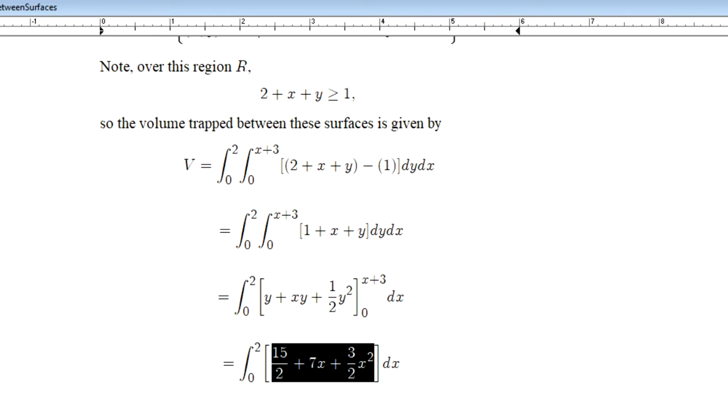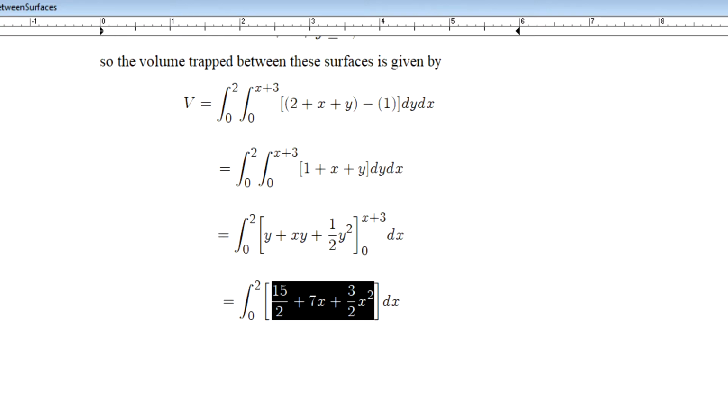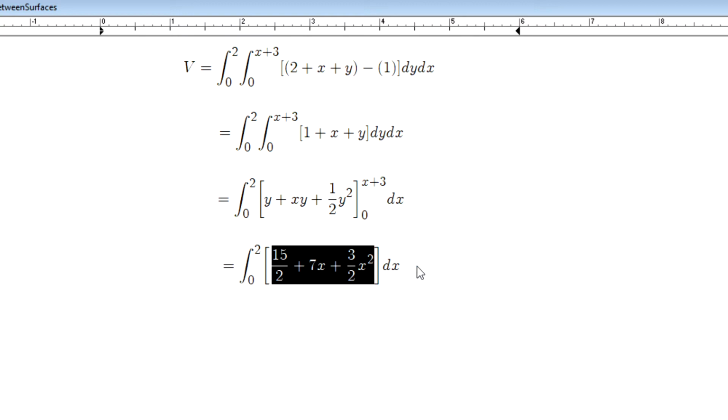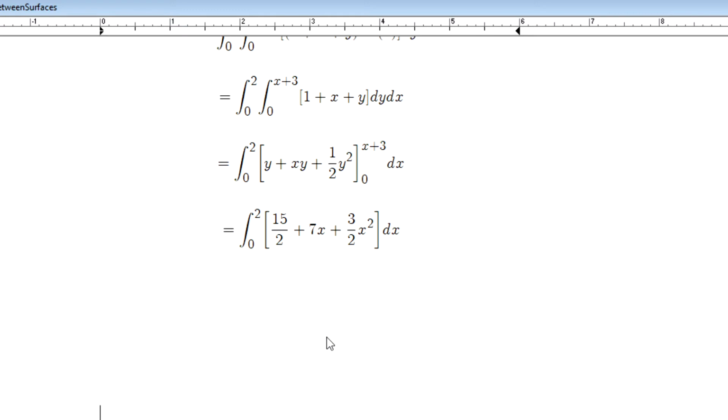To finish my integration, I am going to integrate this quadratic with respect to x. The 15/2 will become 15/2 x. The 7x will become 7/2 x squared. And the 3/2 x squared will become 3/6 x cubed, which simplifies to 1/2 x cubed.